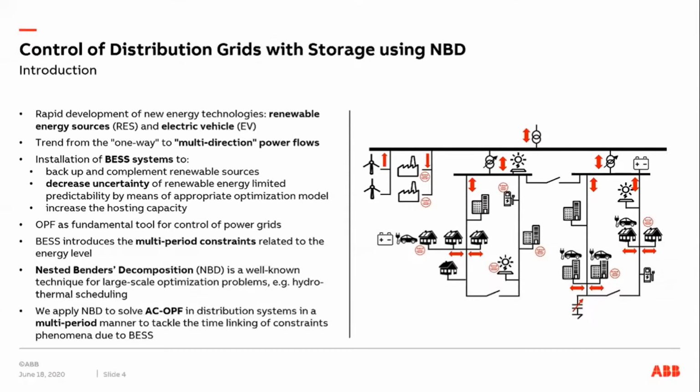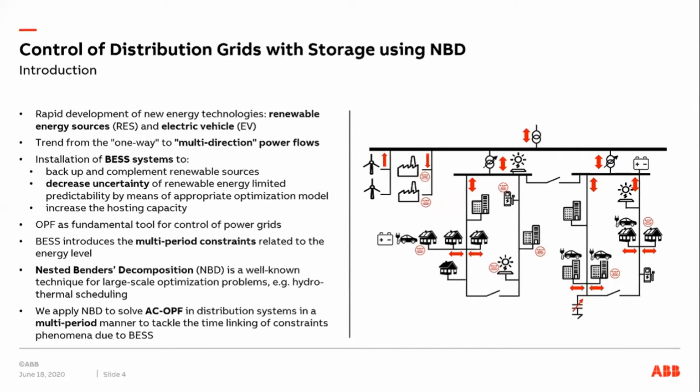Another important thing to take into account is the trend from one-way to multi-direction power flow inside the grid. So the installation of energy storage systems to back up and complete the available energy sources can play an important role. Along with an appropriate optimization model, they can decrease uncertainties from the limited predictability of renewable energy. Energy storage can also increase the hosting capability of the distribution grid by providing the requested stabilization under high renewable penetration.